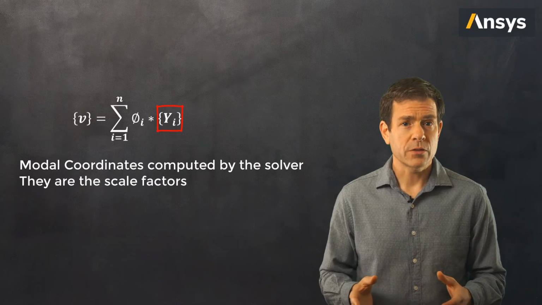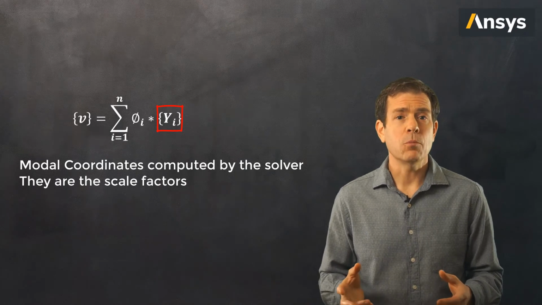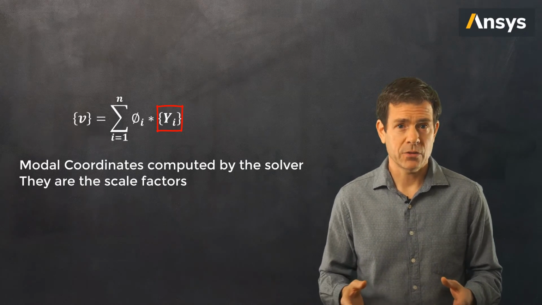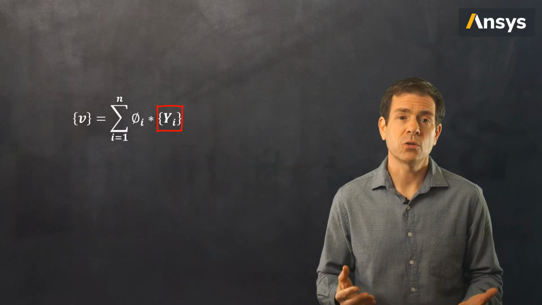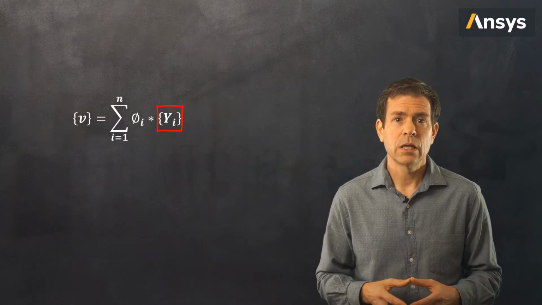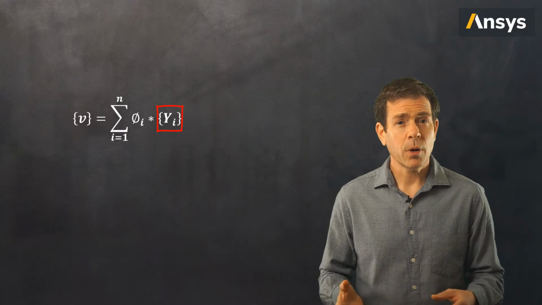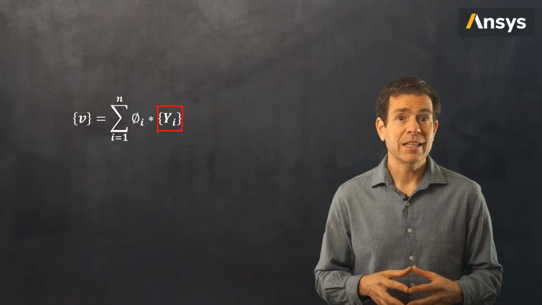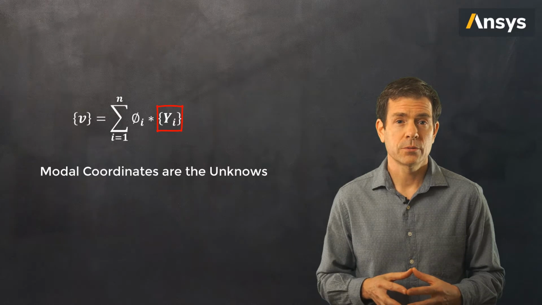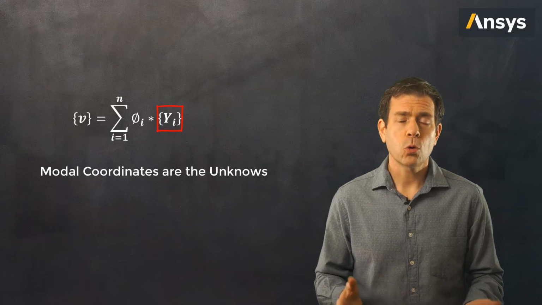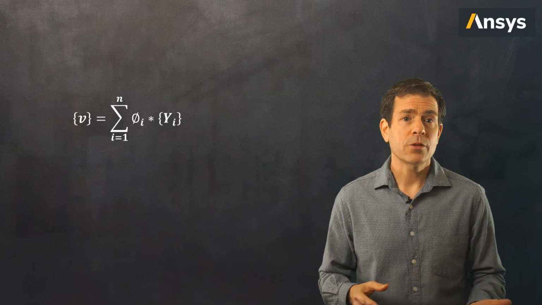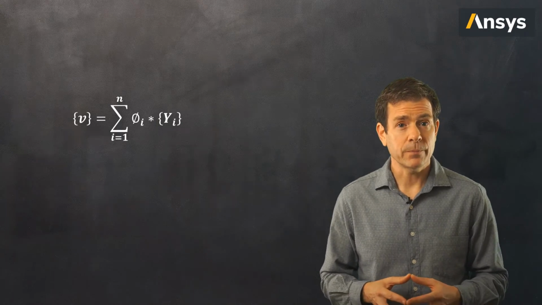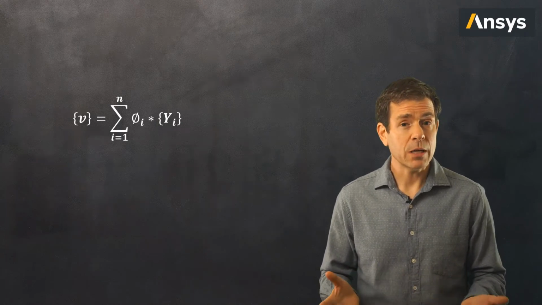These modal coordinates are the scale factors that multiply the eigenvectors to scale the contribution of each mode shape to the resulting final shape. So in a mode superposition harmonic or transient solution, the unknowns are the modal coordinates. Once the modal coordinates y are computed for each mode, they are multiplied by their respective eigenvector phi, and the final displacement shape is computed.